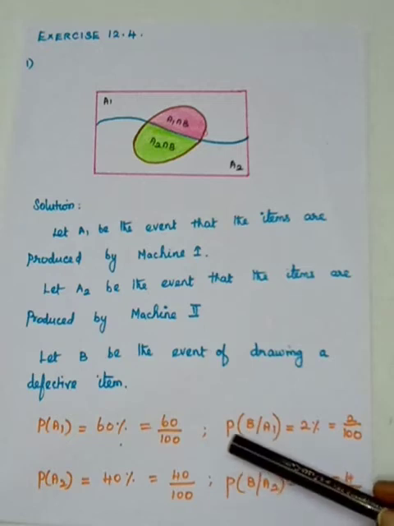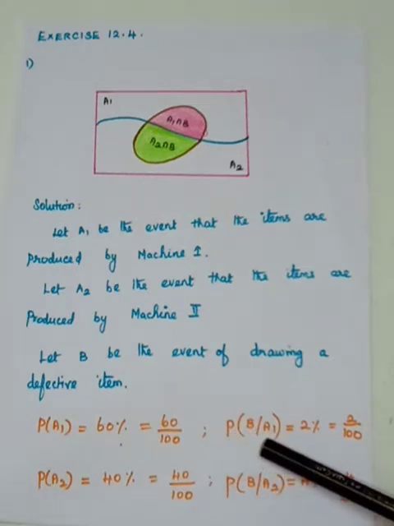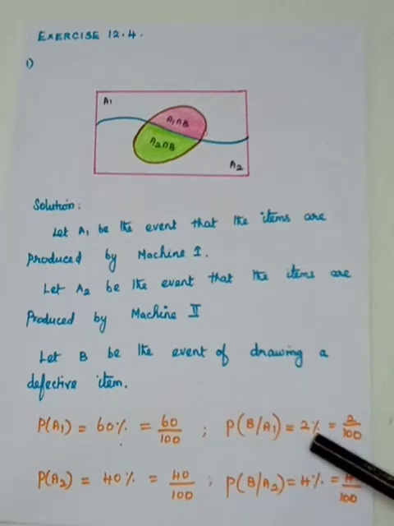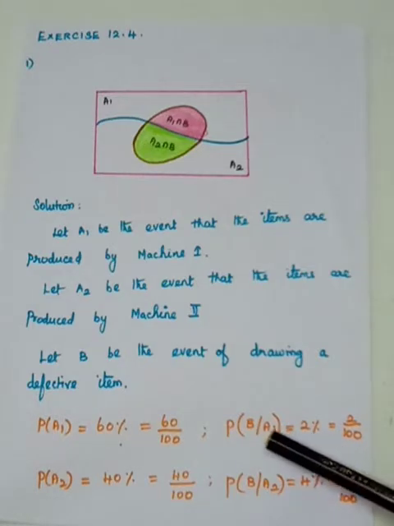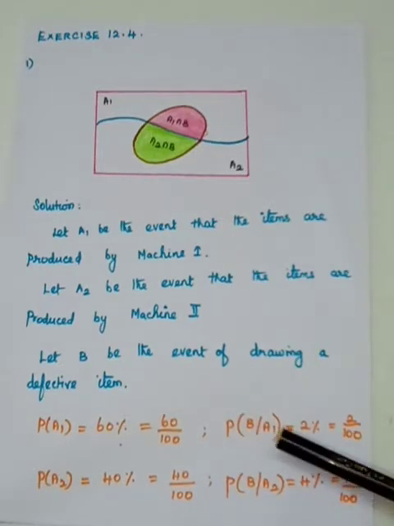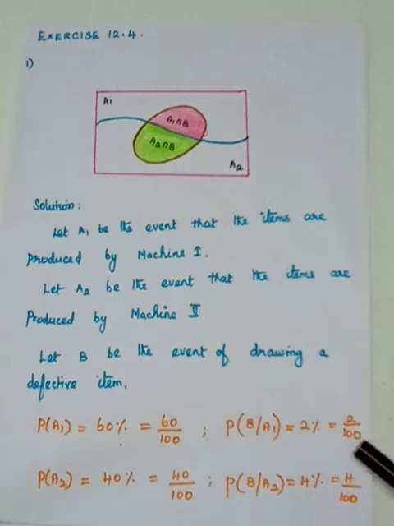So first machine 1 is selected, and then we see the chance of getting a defective item from machine 1. How will it be denoted? P of B by A1, that is 2%, that is 2 by 100.